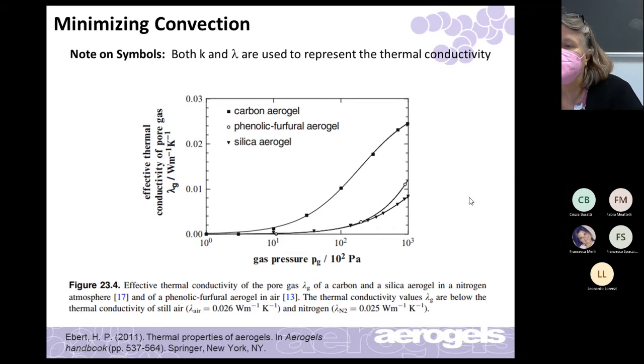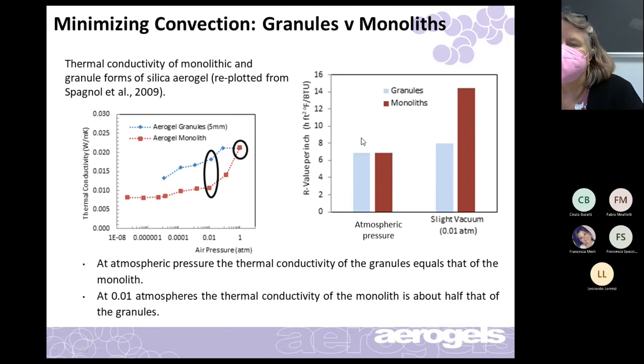Yeah, here it is. The other interesting thing is we talked about how you can have aerogels in granular form or the monolithic form. This was the study that showed the thermal conductivity, again, versus pressure for aerogel granules in blue and a monolithic aerogel in red.